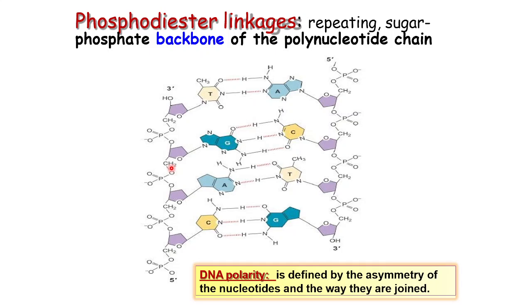Just because they complement each other, we call the first strand the major, or the template strand. Okay, so we need not remember which one. From the 5 prime to the 3 prime, we can call it the forward strand. Okay, so the leading strand, some people call it the lagging strand.